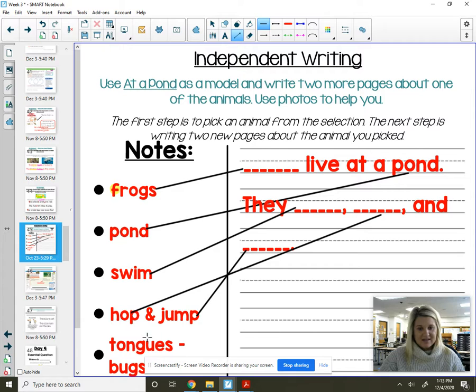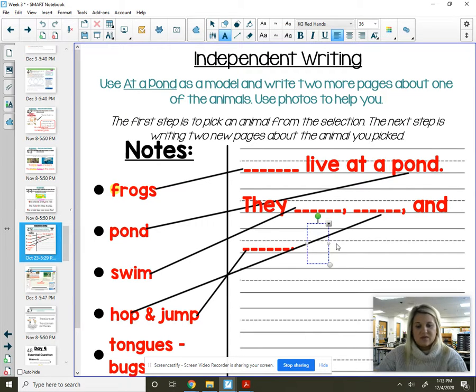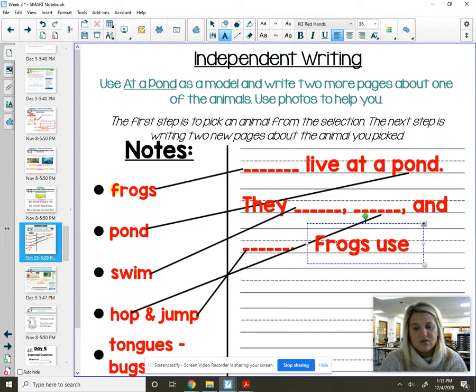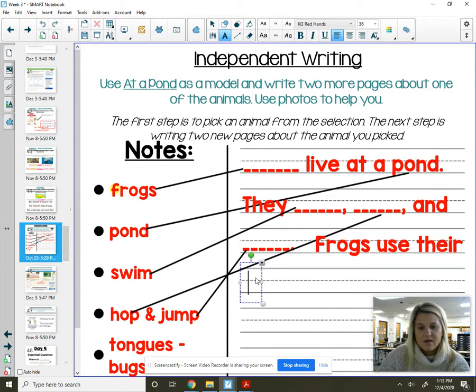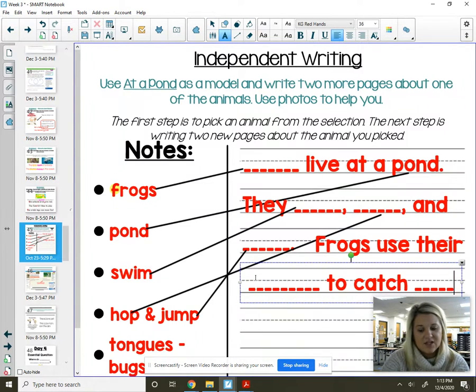And then lastly, you talked about with Mrs. Farrell, they use their tongues to catch bugs. So now your last sentence is going to be frogs use their tongues, you're going to write tongues, to catch, and tell me what they catch with their tongues.